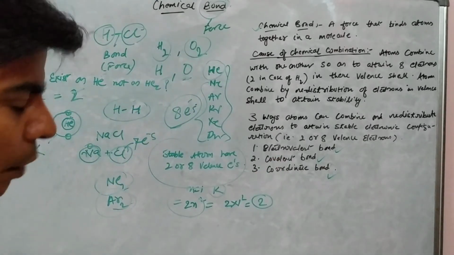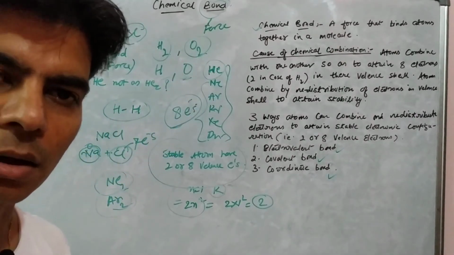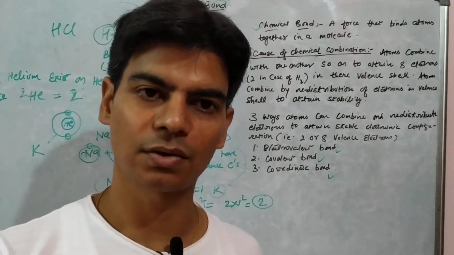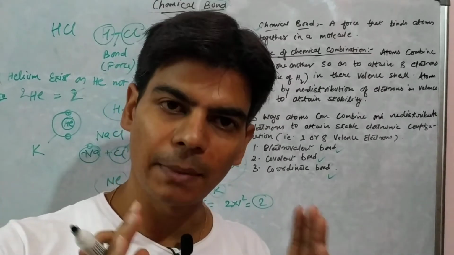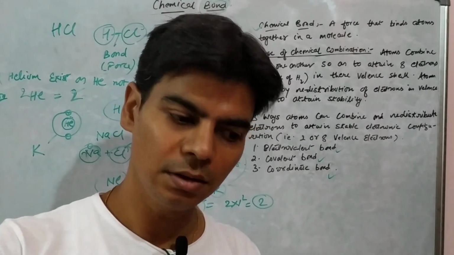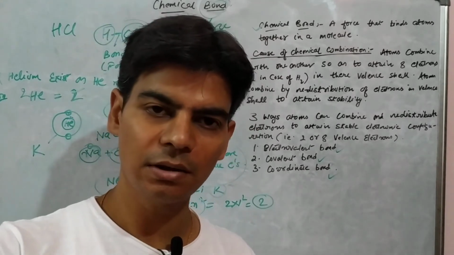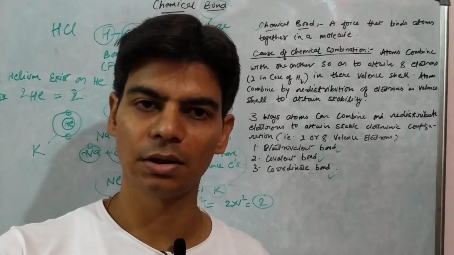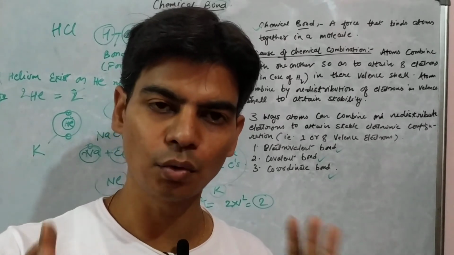So when atoms combine with one another to attain 2 or 8 electrons in their outermost orbit, the two combining atoms can transfer electrons from one atom to another, right, so as to make 2 or 8 electrons in their outermost orbit.